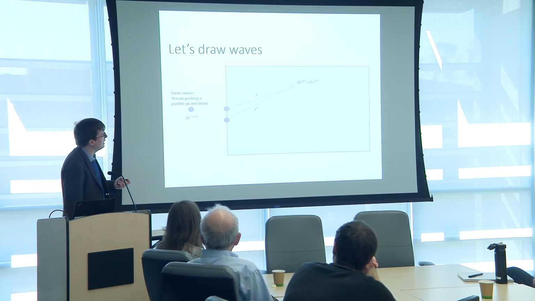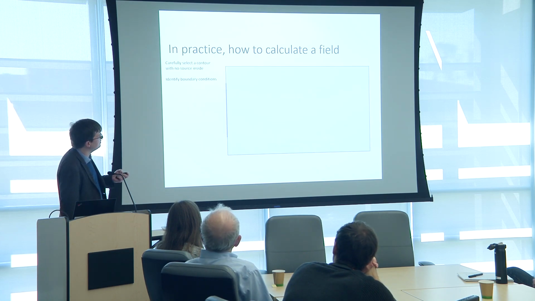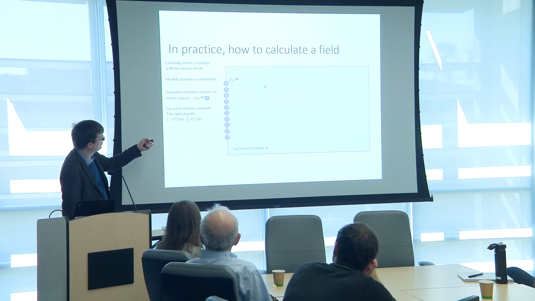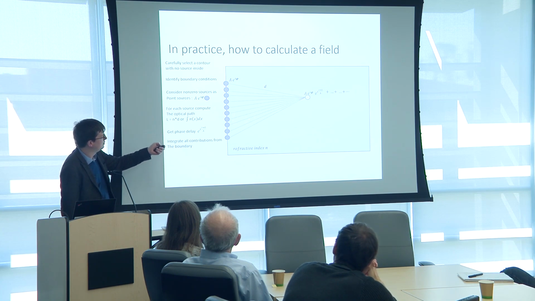And the idea is that when you have multiple sources, you apply the Huygens-Fresnel principle. It tells you that to calculate the field anywhere, you basically decompose your field as point sources along a known contour, and by propagating the contributions of each of these treated as point sources, you can calculate the oscillation that you will be able to see here.